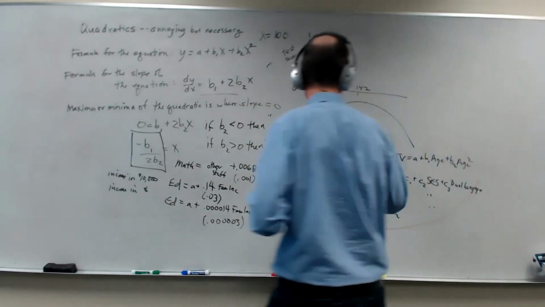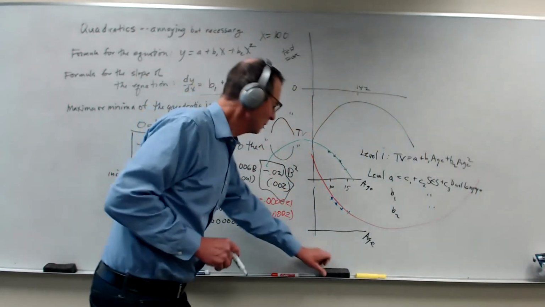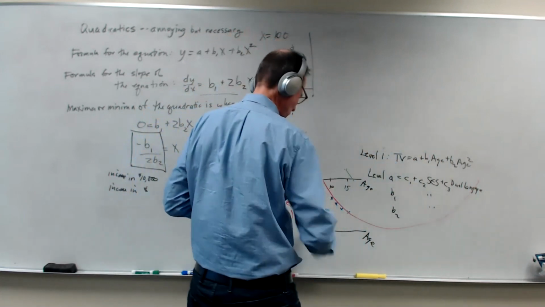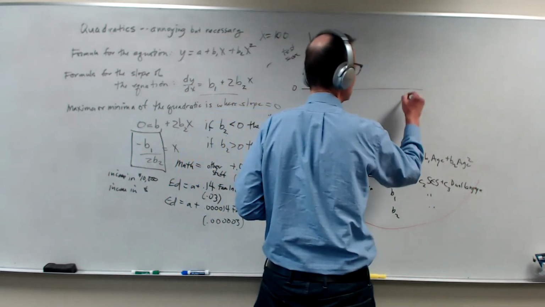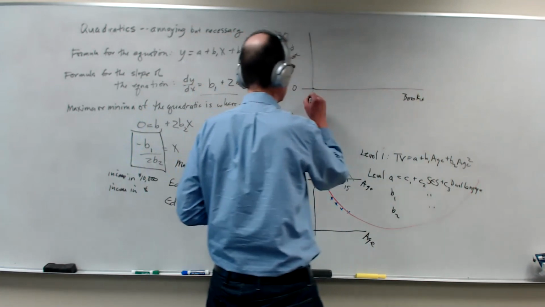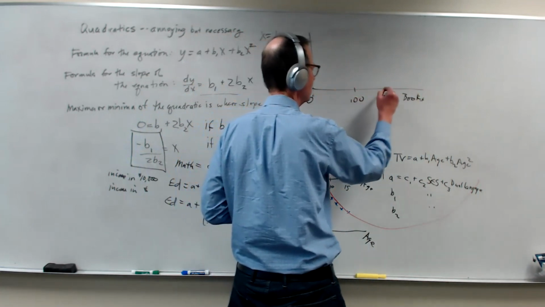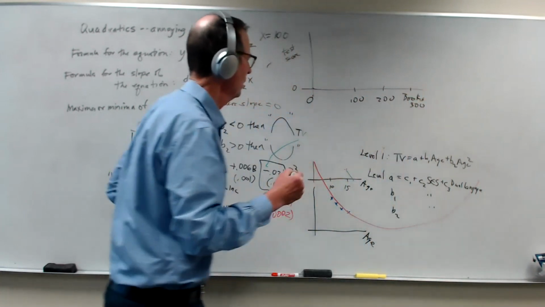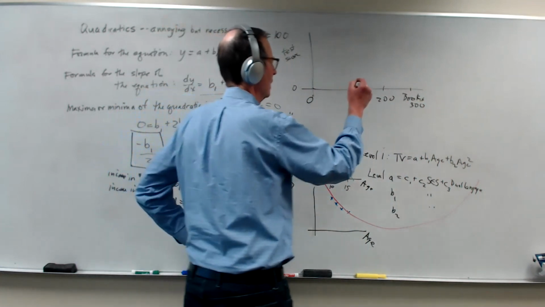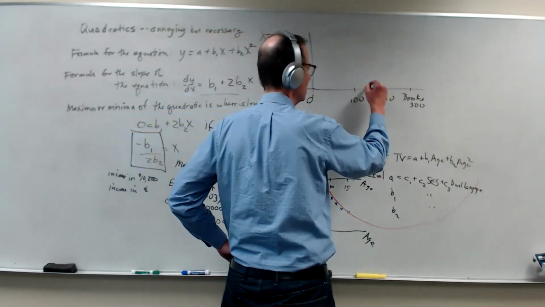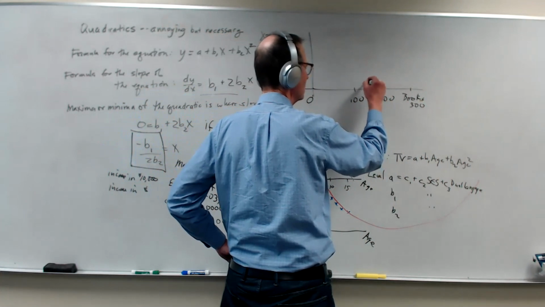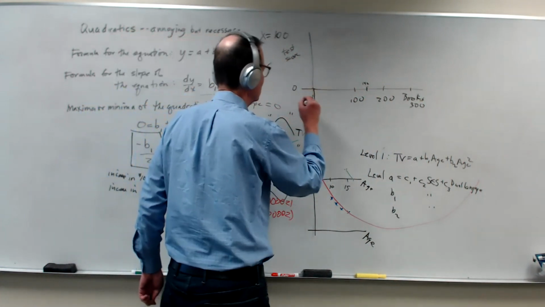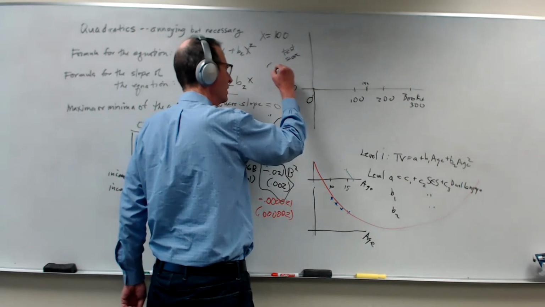So, what we know so far: if you have books going from 0 to 100 to 200, 300, we know that this function is peaking around 142. We know this is a standardized test score.